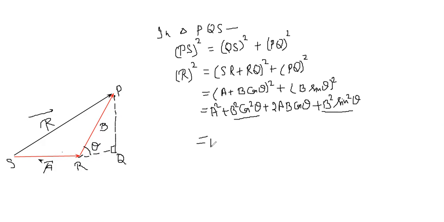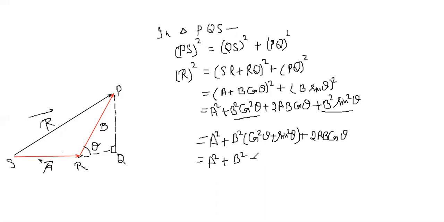If we take B square common, then in the bracket we get cos square theta plus sin square theta. And what is the value of cos square theta plus sin square theta? We all know from the trigonometric identity that cos square theta plus sin square theta equals 1. So A square plus B square plus 2AB cos theta is the formula for R square.